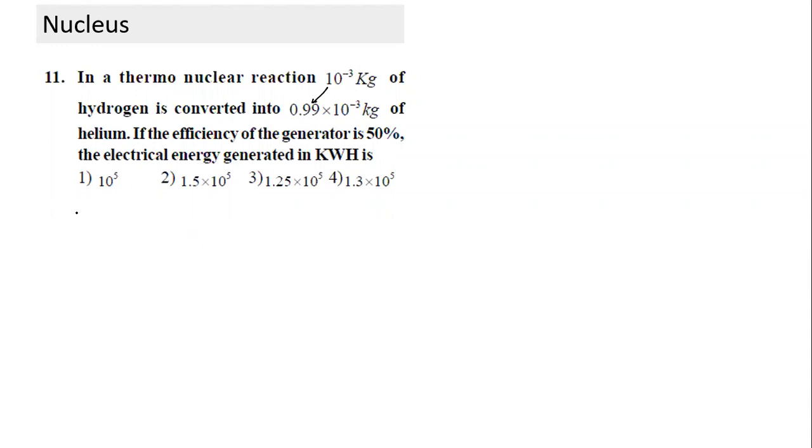In this case also, there is a reduction in mass, delta M, and the energy released will be equal to delta M into C square. When we substitute, I will get the value in terms of joules, and to convert into kilowatt hour, you should know the conversion. Otherwise, this question is fairly simple.